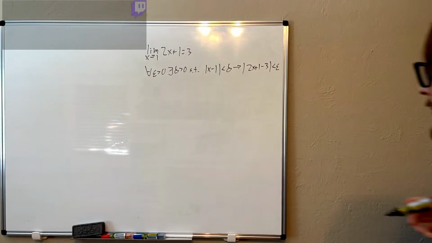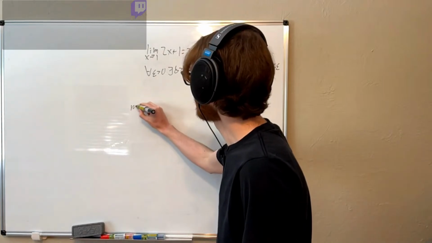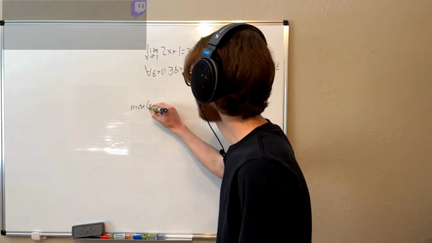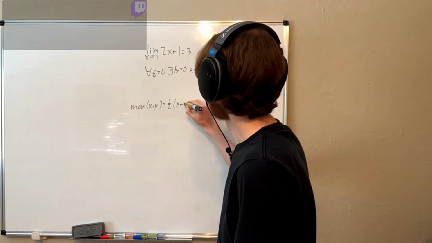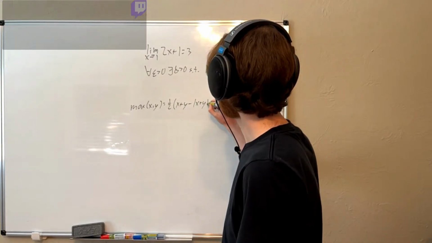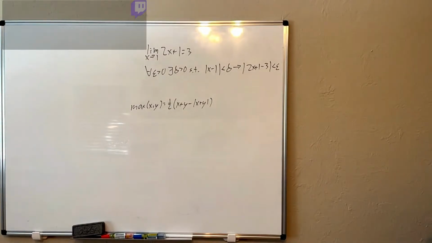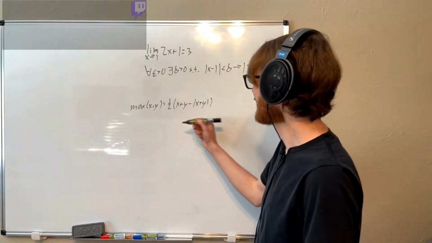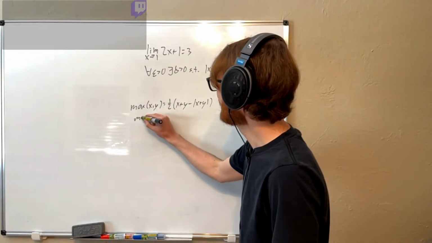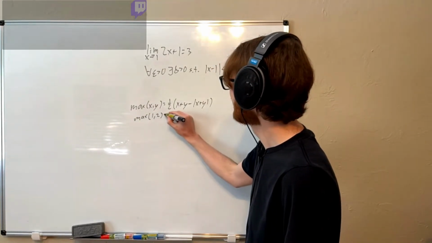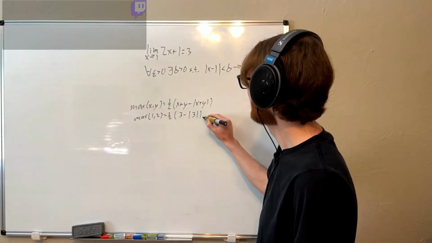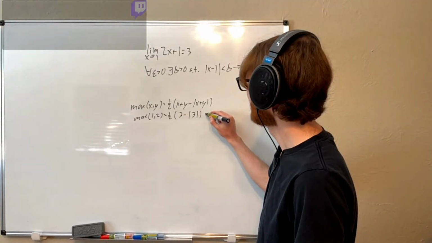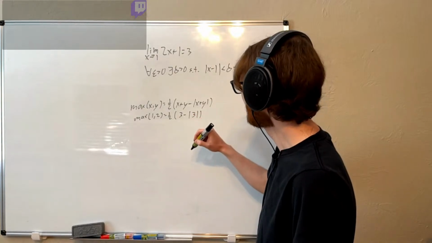Wait, okay. I need to try some example values there, because that's crazy to me that that works. So wait, if we gave it the max of 1 and 2, we get 3 minus the absolute value of 3. Isn't that 0?